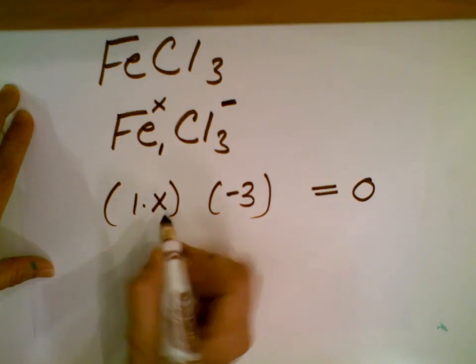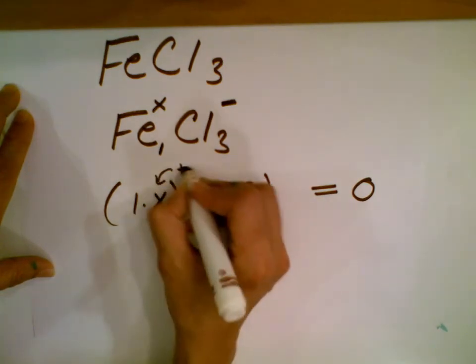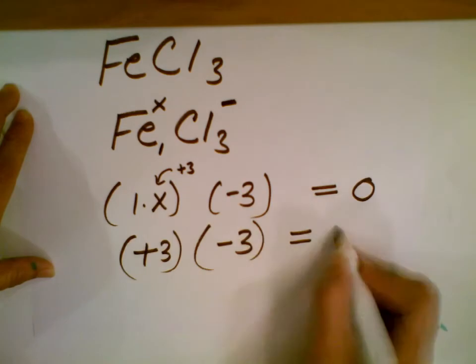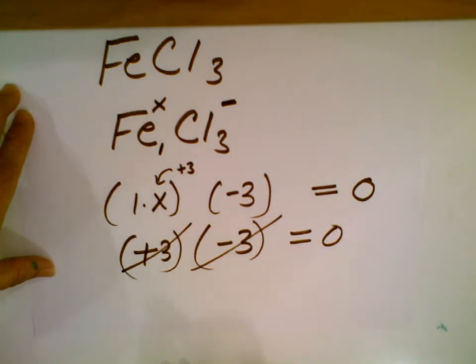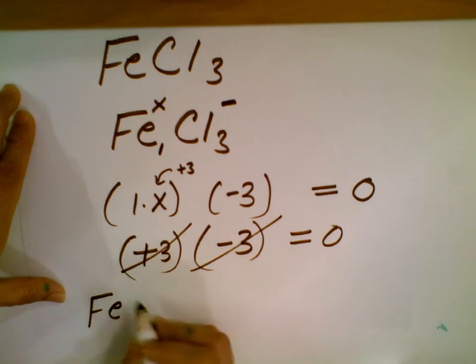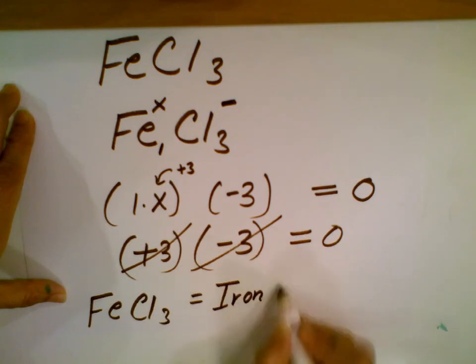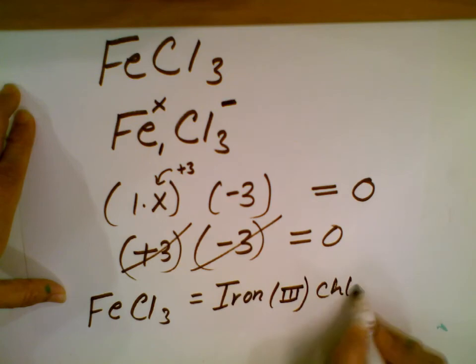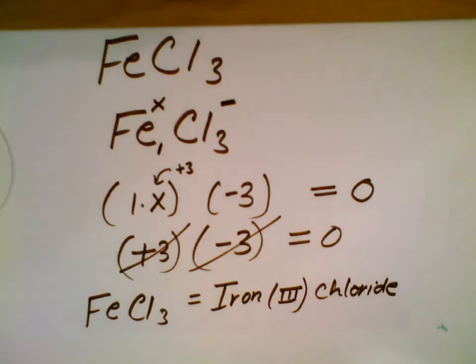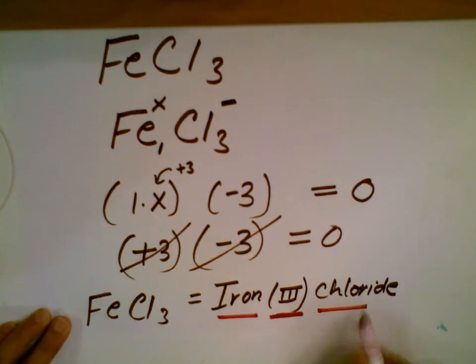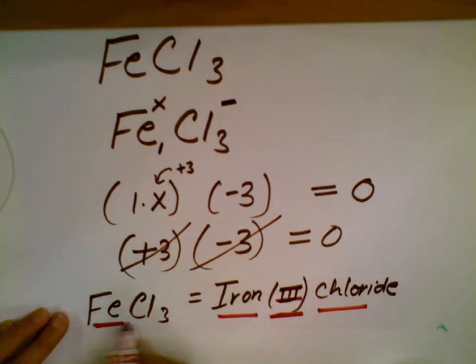So this value has to be +3. Specify the charge. This is iron and it is 3. Now we are not even writing the formula, we are writing the name, iron 3 chloride. Iron 3, specify the charge for iron.